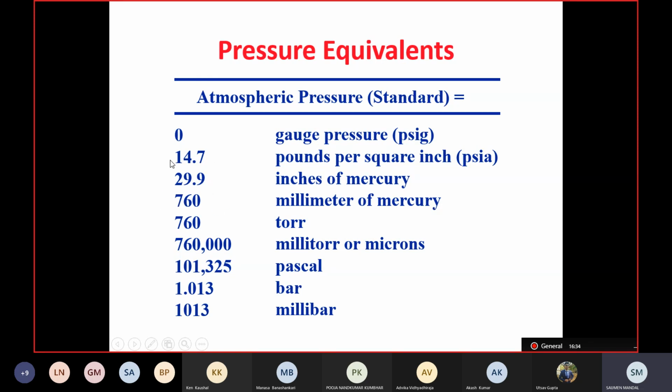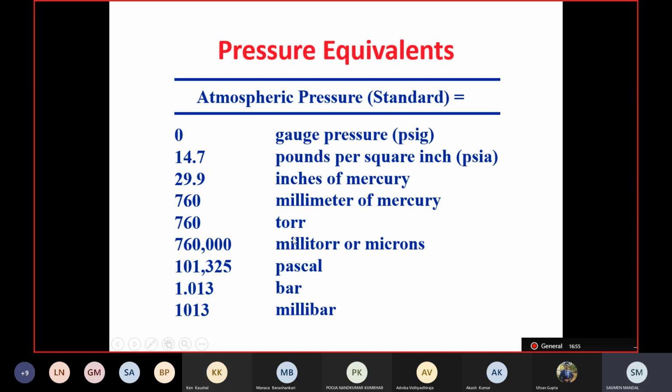Some European countries still use these units, so it depends on the company, whatever pump and gauge you are purchasing.